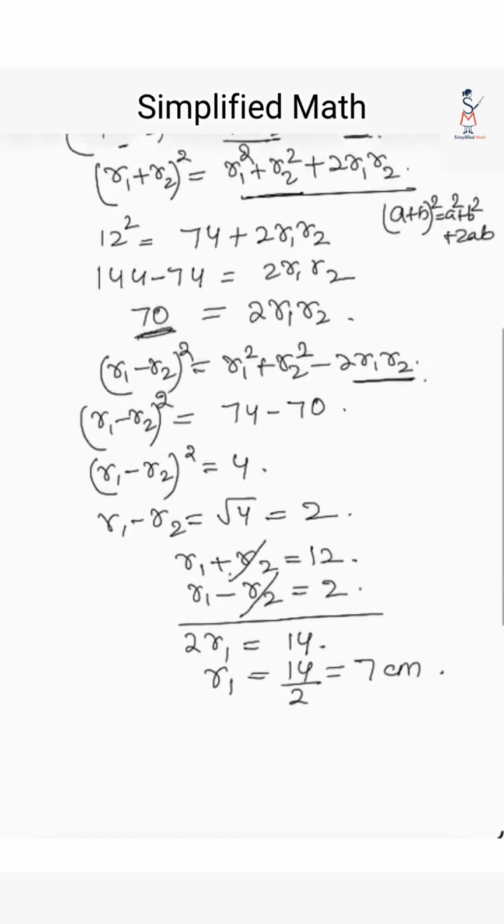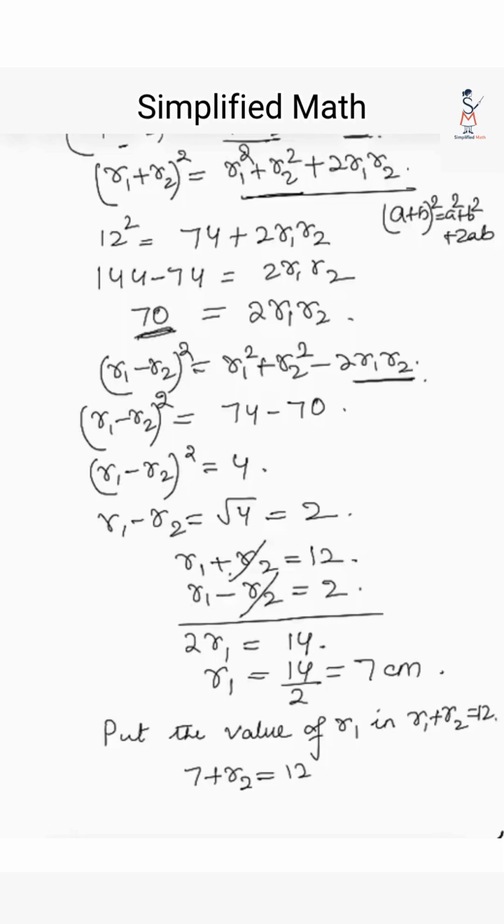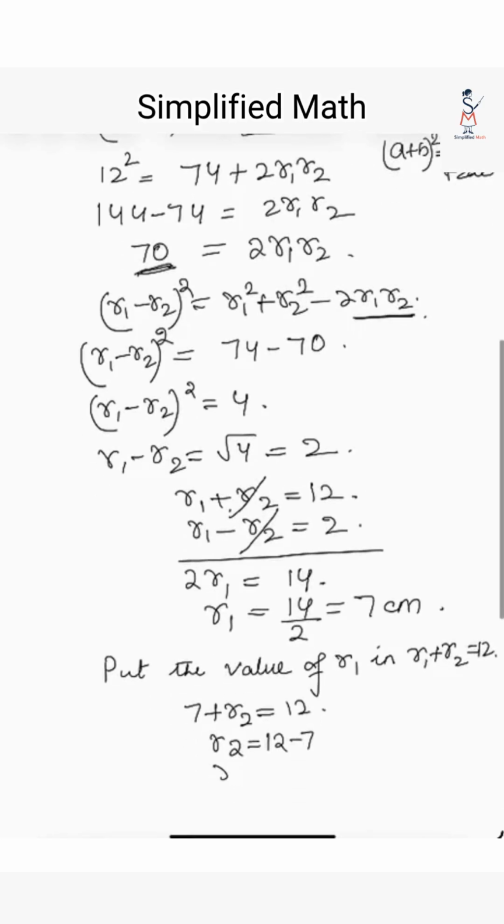Fine. Now putting the value of R1 in R1 plus R2 is equal to 12, what I will get? 7 plus R2 is equal to 12. So R2 is 12 minus 7, that is R2 is 5 centimeter.